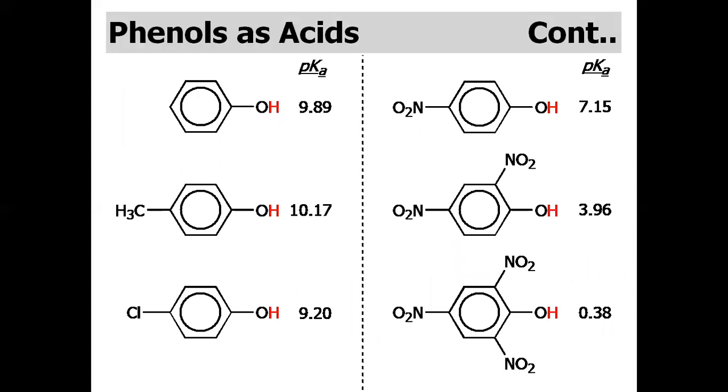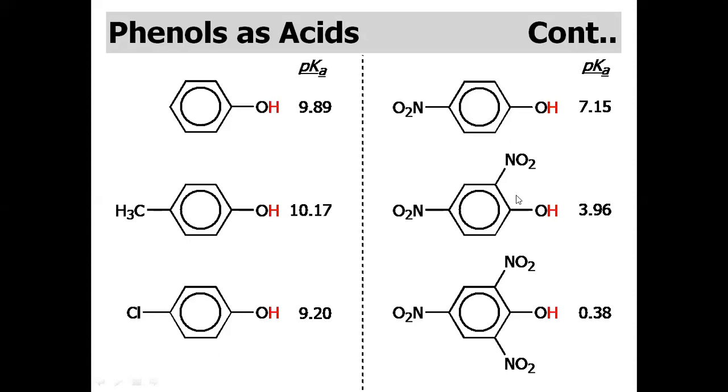These are basically some examples which show that phenol behaves as an acid. This is the simple phenol we have discussed, whose pKa is 9.89. Now see, if we have a nitro group para to the phenol, its pKa is 7.15.